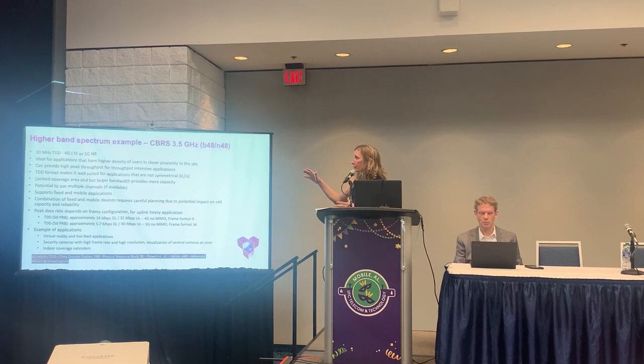High peak throughput for throughput intensive applications. TDD format, again, is well suited for non-symmetrical links. Limited coverage area, but 10 megahertz gives you more capacity. Potential to use multiple channels if available. So in certain areas, you could have 2, 3 CBRS channels available.